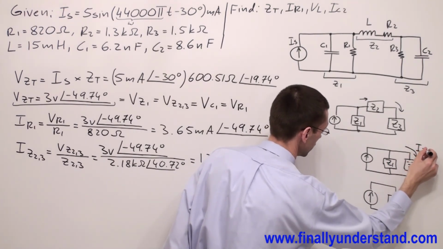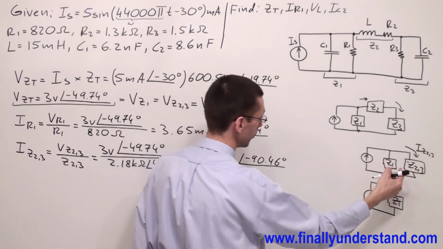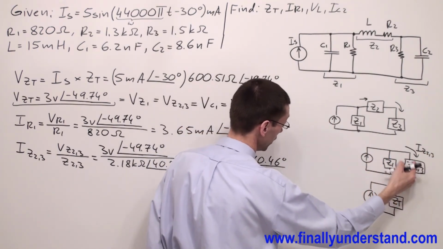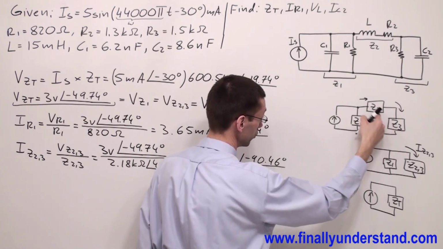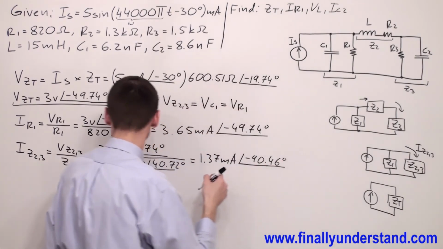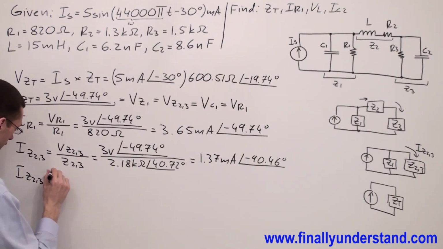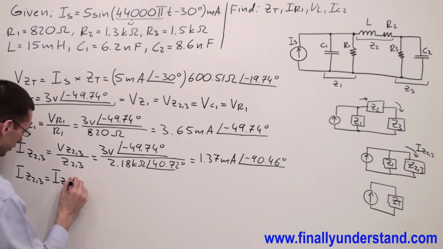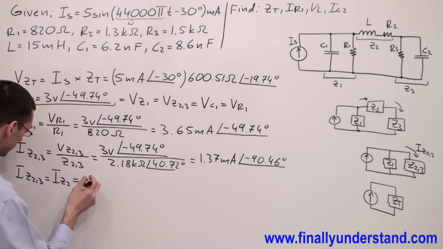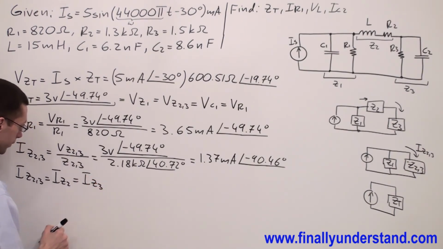This is IZ23. So keep in mind that impedance Z23 represents the impedance of these two impedances. So I can say that the current IZ23 is equal to the current which goes through impedance IZ2, and this is also the current which goes through the impedance Z3.